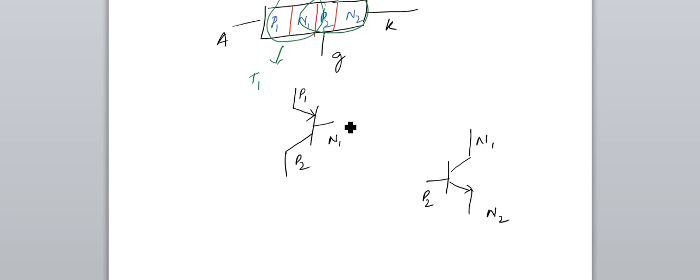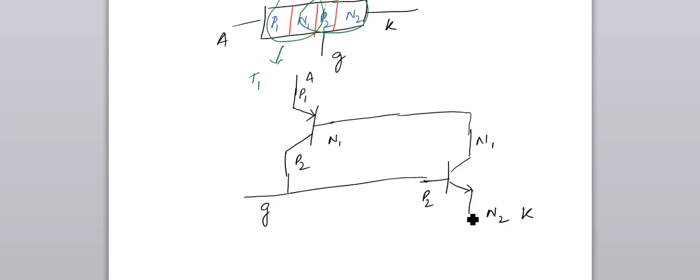Now if I want to connect, we can connect N1 and N2, and P2 and P2 are connected, and this P2 is your gate. This P1 is your anode, and this N2 is your cathode.